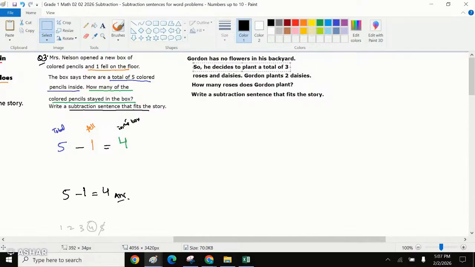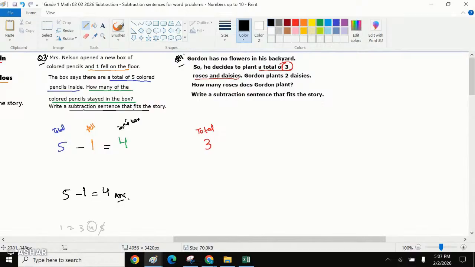So this is the question given to us, question number 4. It says Gordon has no flowers in his backyard. So he decides to plant a total of 3 roses and daisies. Total is 3. That means we can write total would be 3.